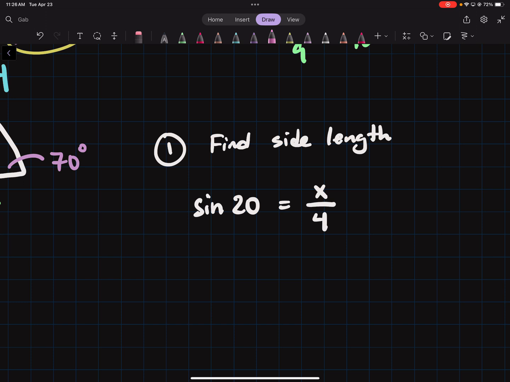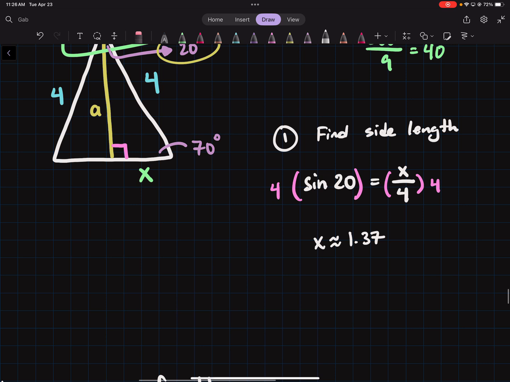Times it by 4. Okay, X is gonna be like 1.37. Okay. Is that the whole side length? That's half. So how much is the big one? Multiply by 2. So it's like 2.74. Okay, good.